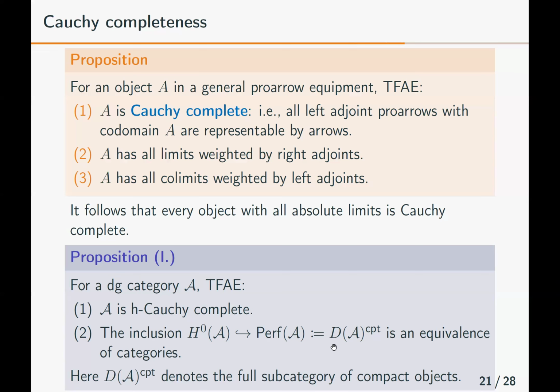This full subcategory, which is often denoted by per A, is the idempotent complete triangulated closure of the representables. So limits weighted by right adjoints are generated by shifts, cones, and idempotent splittings. I mentioned that a limit is absolute if it is weighted by right adjoints. However, I don't know whether the converse holds, either in general or in our setting.